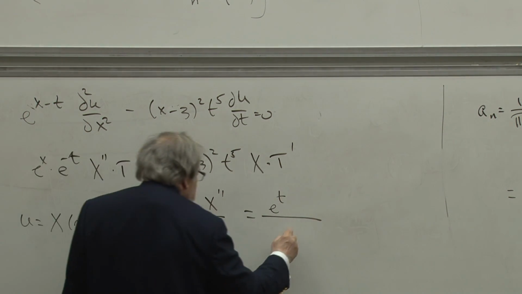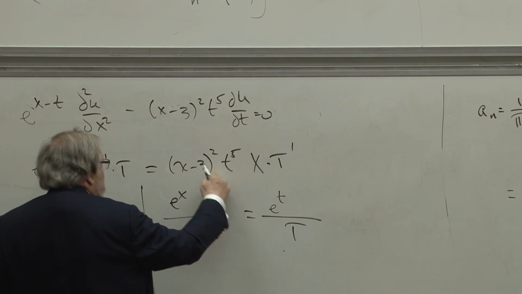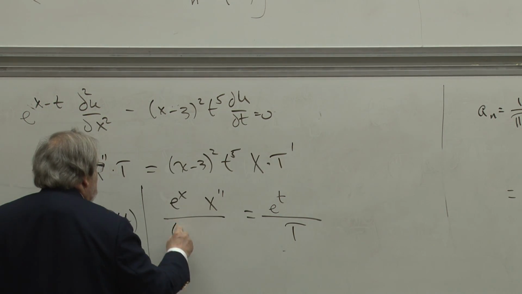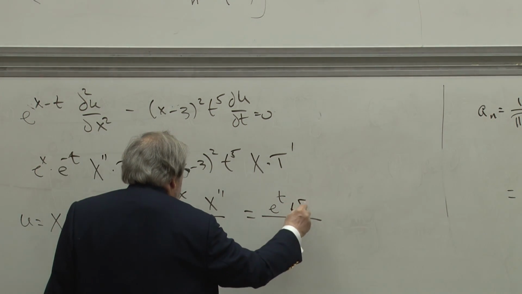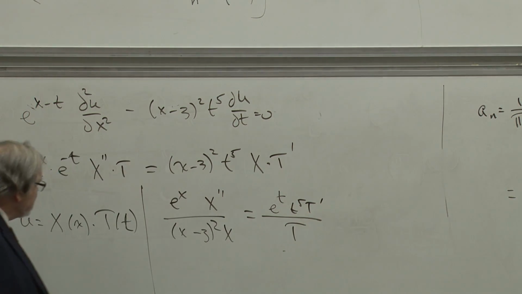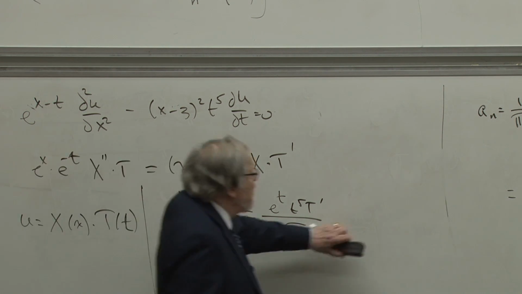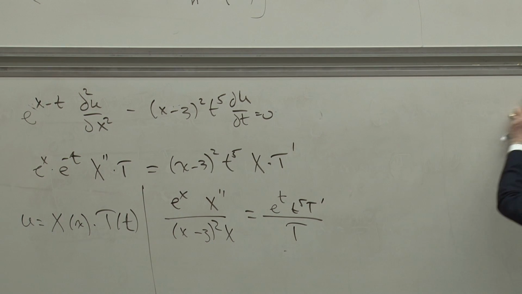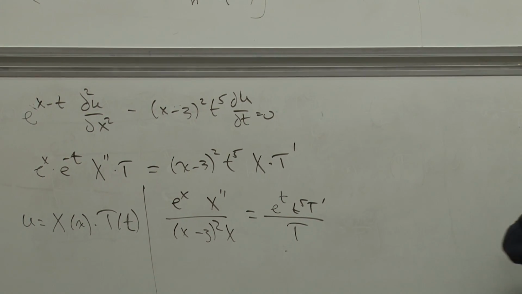I divide by T. Now on the other side, (x minus 3) squared, that's got to go to the left side. And then I have t to the 5th, there's T prime, and there's an X. So just a little bit of algebra to push things around, to have everything involving one variable on one side, everything involving the other on the other side.